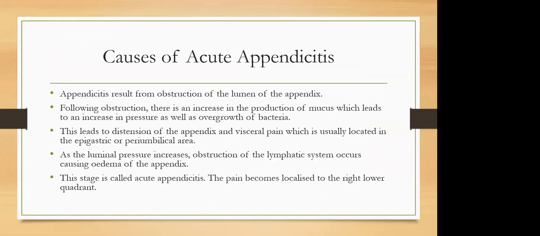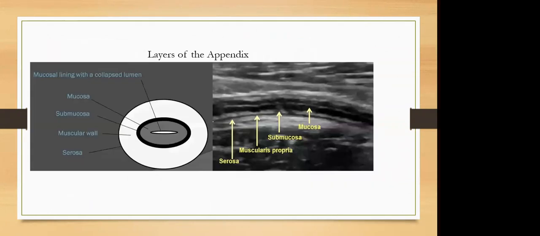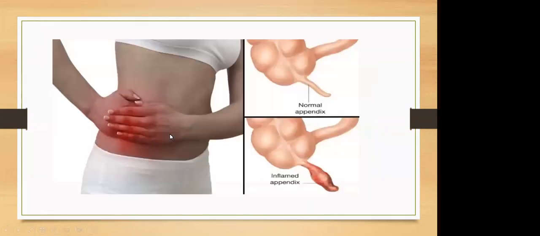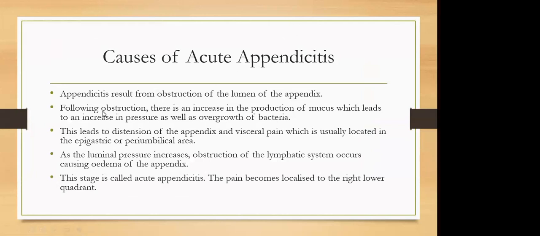Causes of acute appendicitis. Appendicitis results from obstruction of the lumen of the appendix. The first image, this is the lumen here inside the appendix. If there's an obstruction there, following obstruction, there's an increase in the production of mucus, which leads to an increase in the pressure as well as overgrowth of bacteria.